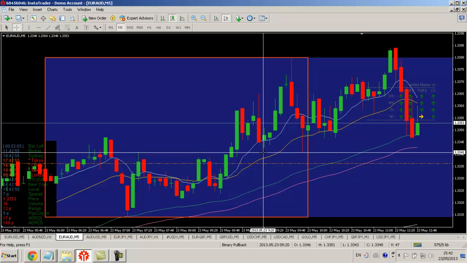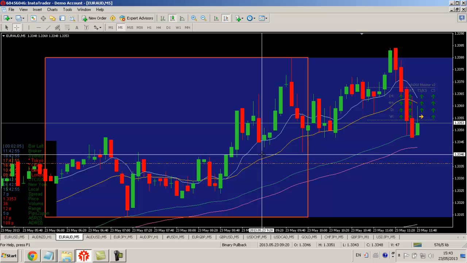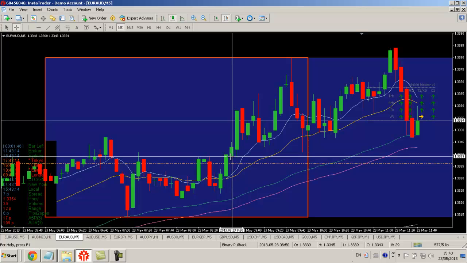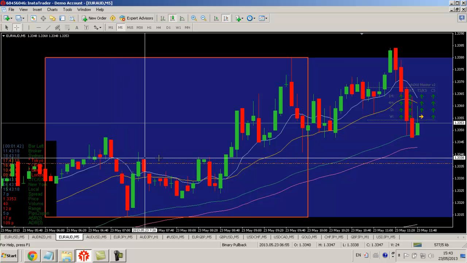Let's go down and find another one. Probably about there, or there. If you scroll over here, you can see that it became a support level. Further back here, it became a resistance. You get the picture.